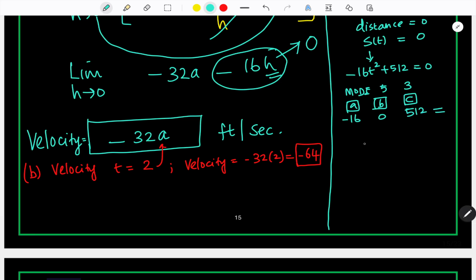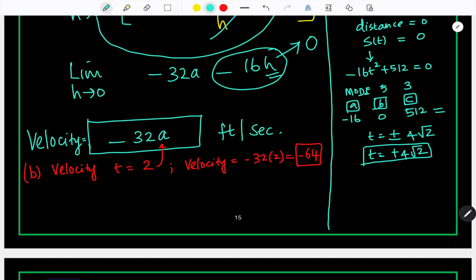So you will get t is equal to plus or minus 4 times root 2. Time cannot be negative, so t is equal to plus 4 root 2. Only one answer.